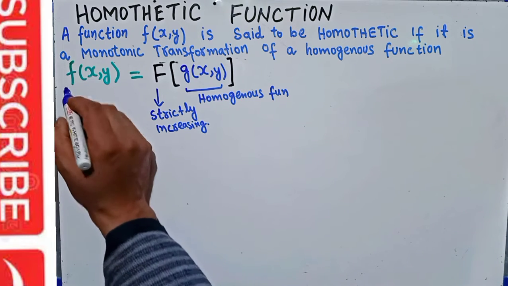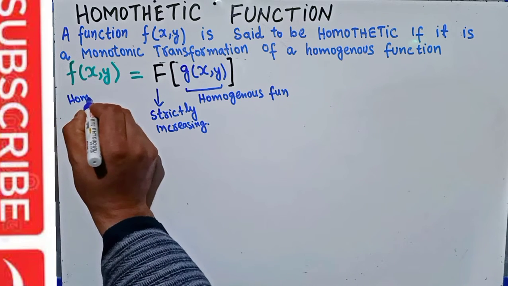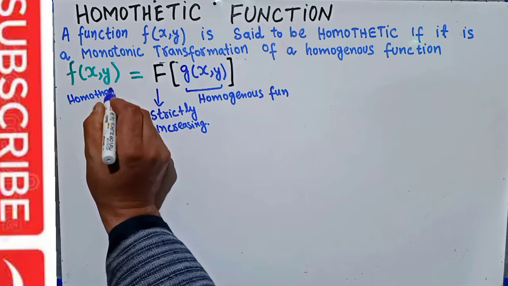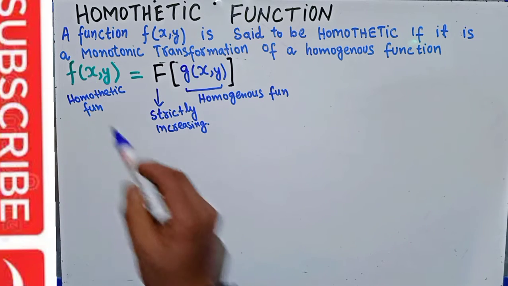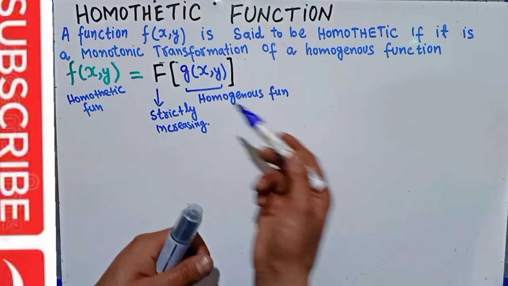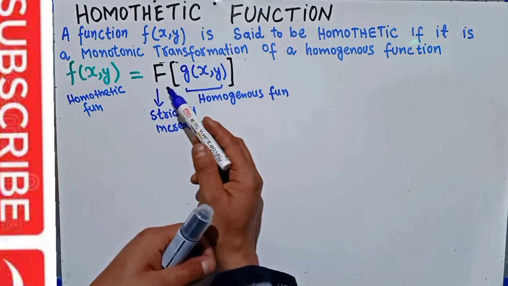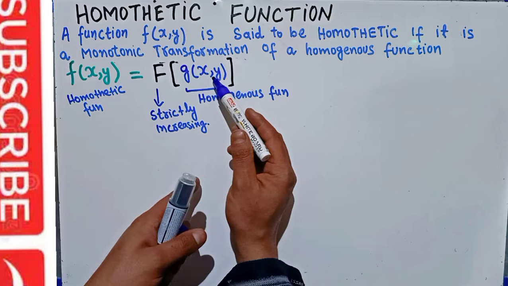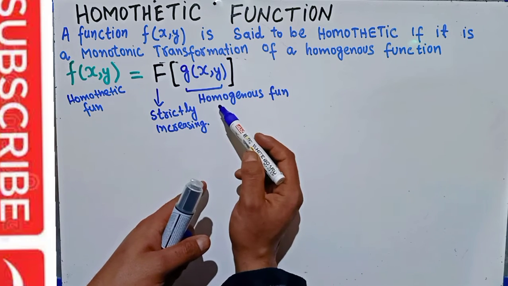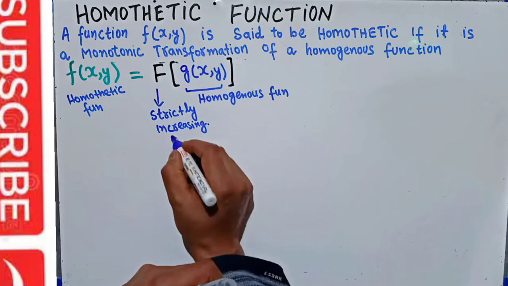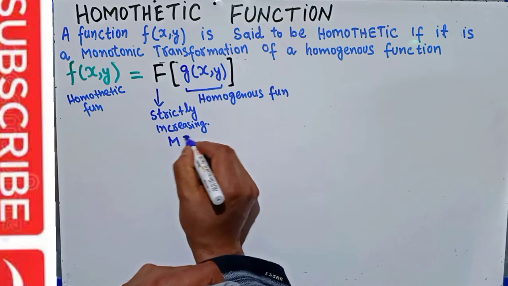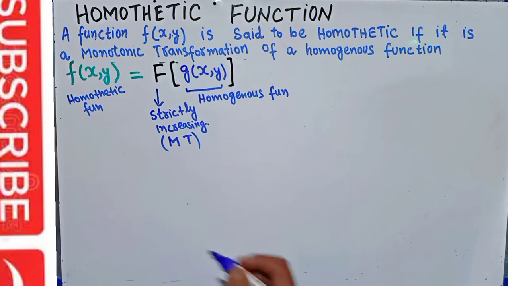This function is homothetic if it can be written as the monotonic transformation of a homogeneous function. G of x, y is a homogeneous function and F is the monotonic transformation, what we call the strictly increasing function.